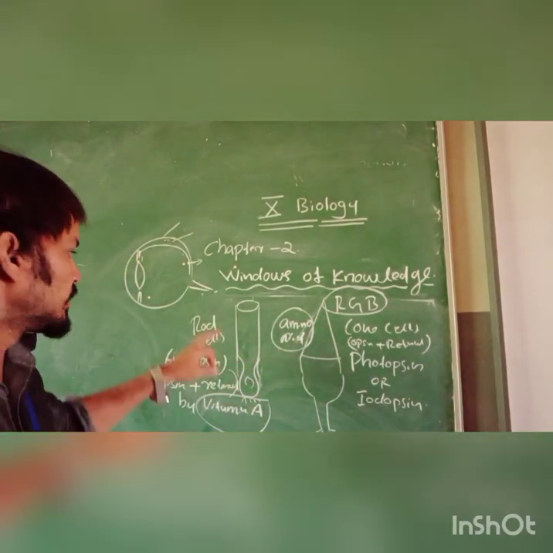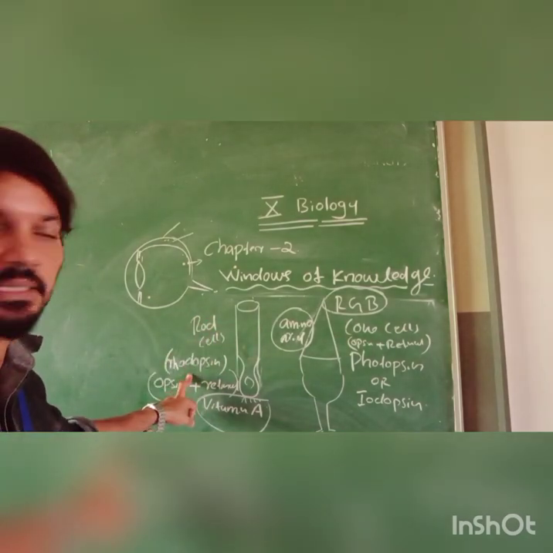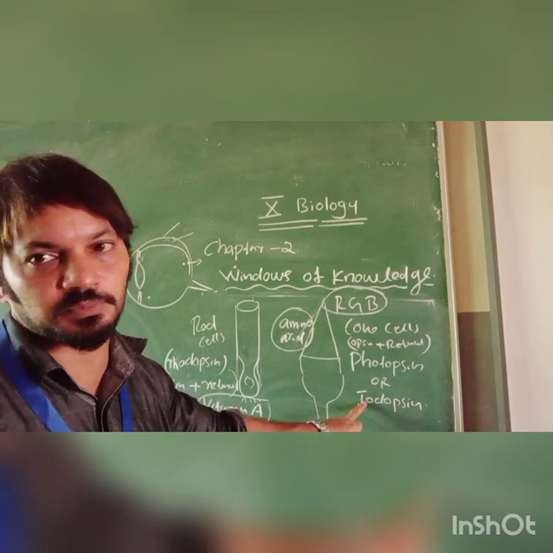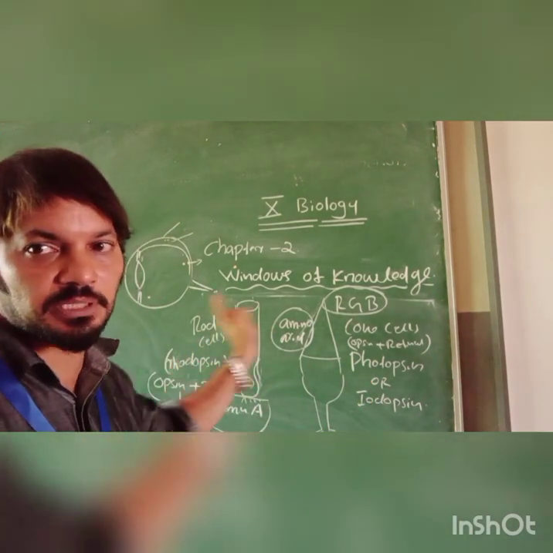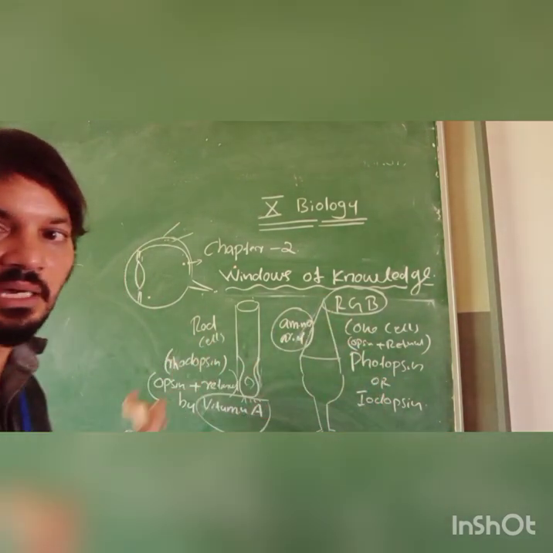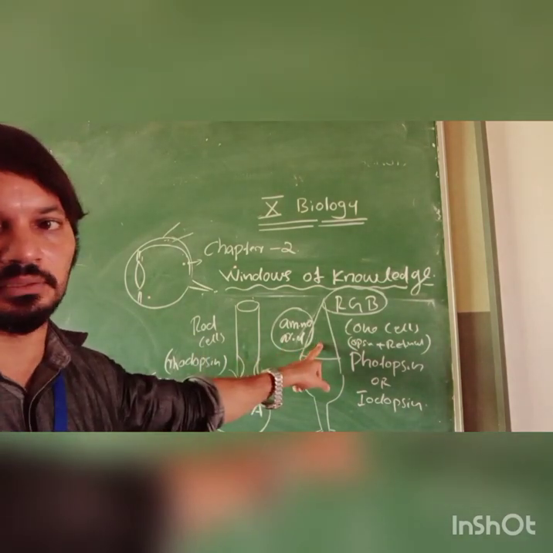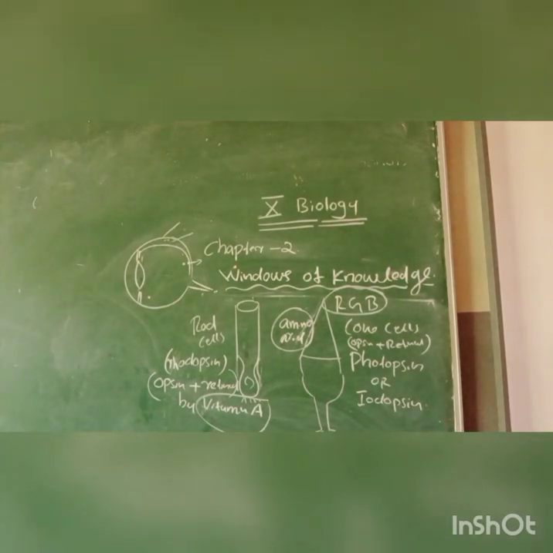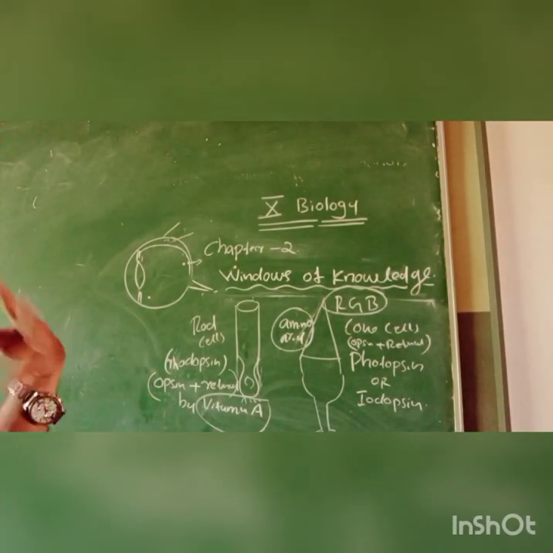One more question: rod cell full column rhodopsin; cone cell full column photopsin or iodopsin. If the pigment is asked, write the pigment. If the protein is asked, write protein. Here vitamin A, amino acid.